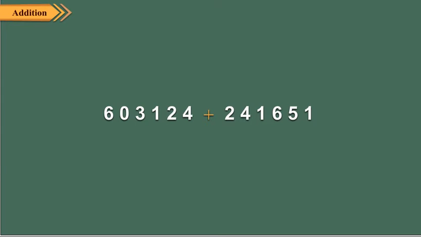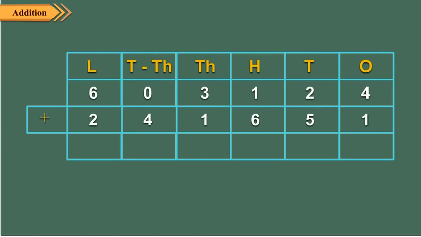Let us find 603124 plus 241651. As usual, we arrange the numbers in columns. Next, we start adding the ones digits. 4 ones plus 1 one is equal to 5 ones.